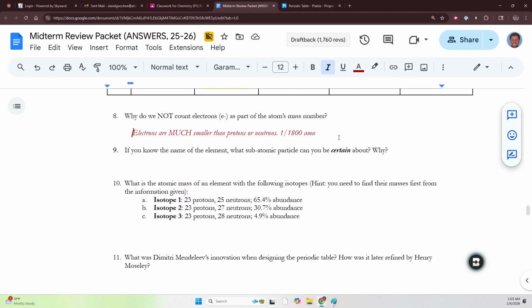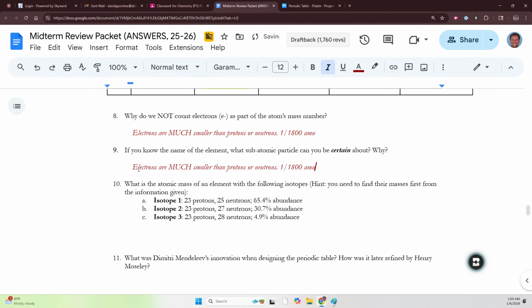All right? If you know the name of the element, what subatomic particle can you be certain about? You can know the protons. If you know the name, then find it on the periodic table.